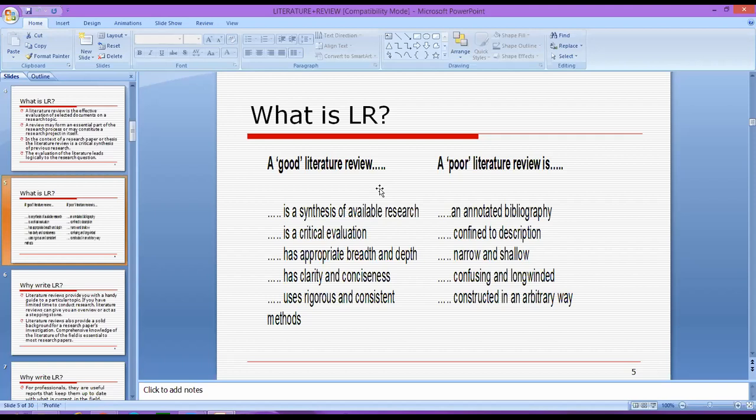Confusing and long-winded, so you really don't get to the point. You're everywhere. It's constructed in an arbitrary way, so you're just doing it without following any kind of method. So that's how a poor literature review is, and the other is how a good literature review is.